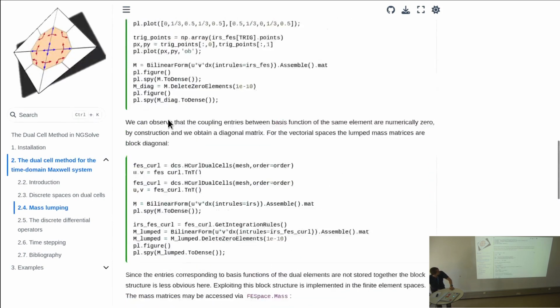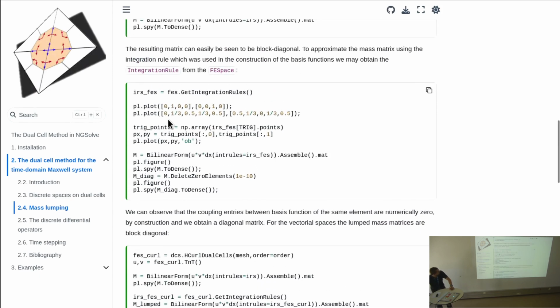Somehow here I'm missing the execution of the notebook. But the main point is that we can get the integration rules from the space here. So we have the finite element space here, exactly. And then you just pass these integration rules to the differential symbol.